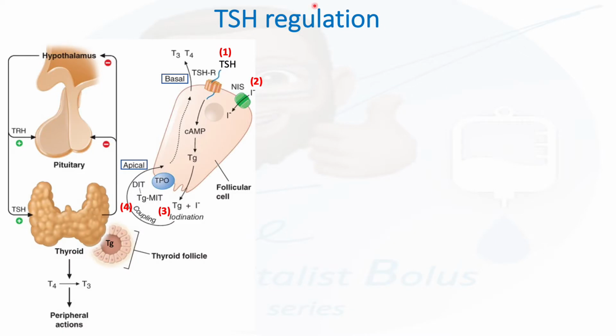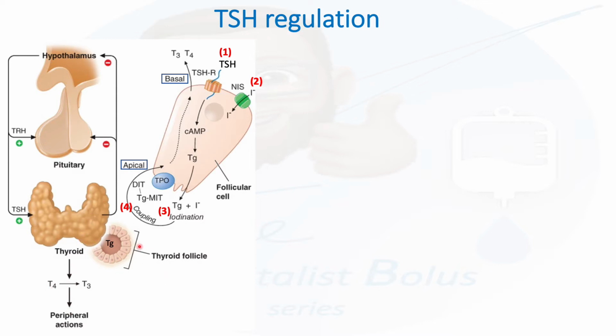Okay, so we will discuss the regulation of the TSH hormone really briefly. First of all, the hypothalamus-pituitary-thyroid axis starts with the hypothalamus secreting TRH, or thyroid releasing hormone, which stimulates the secretion of the TSH by the anterior pituitary gland, and the TSH is the one that stimulates the synthesis and secretion of T4 and T3 to get released into the circulation.